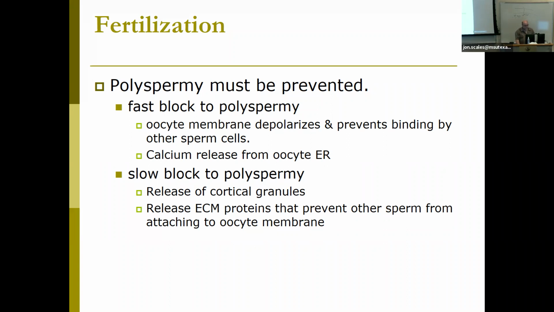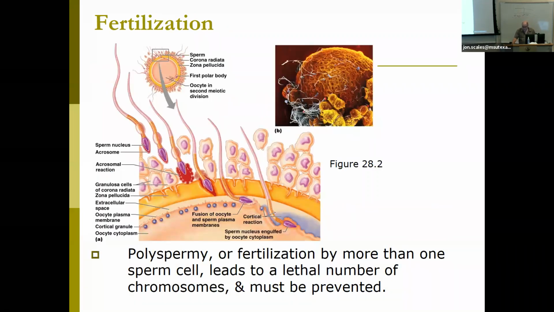So the sperm comes through, it has to work its way through the outer layer of cells called the coronal cells, and basically digest away the zona pellucida, creating a hole where it can pass through. Once it gets through, it touches the egg membrane, and immediately there's a depolarization.